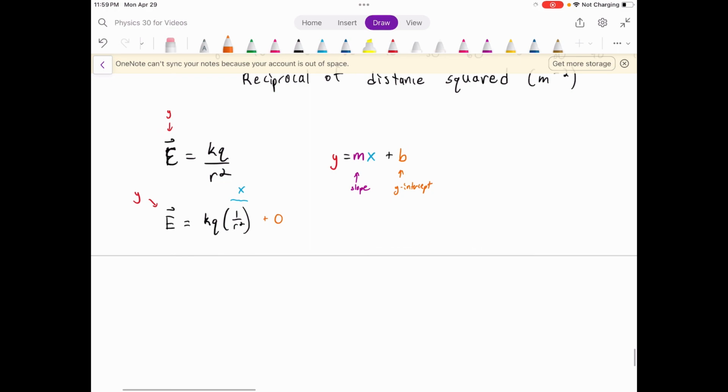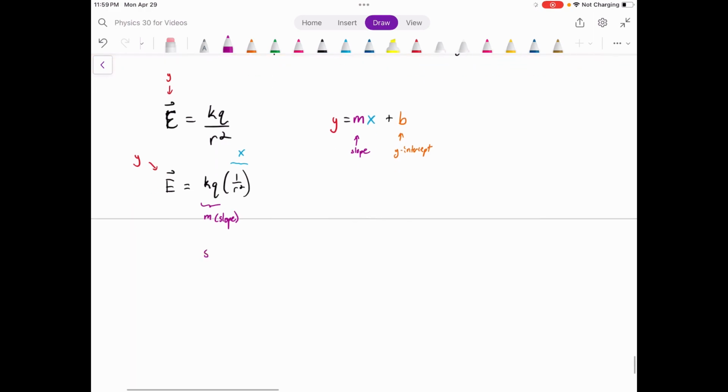So what does that mean for kq? We have y, our y variable, equal to this times our x variable. Well, this must be m then, right? That's our slope. So hang on a sec. The slope is just k, which we know, that's Coulomb's constant. We always have that.